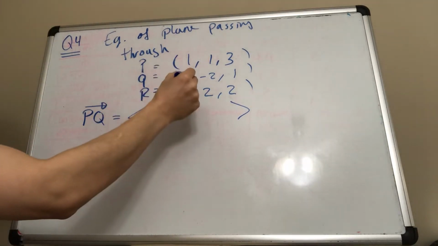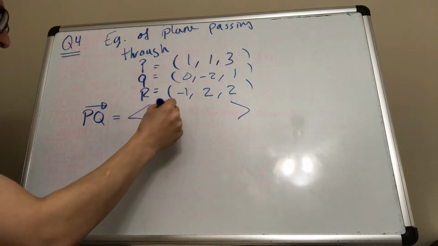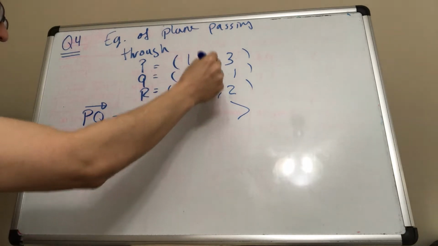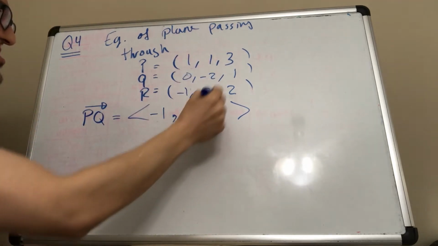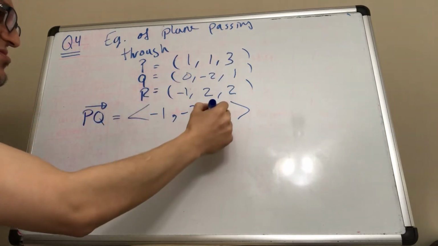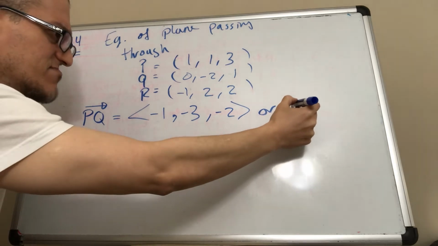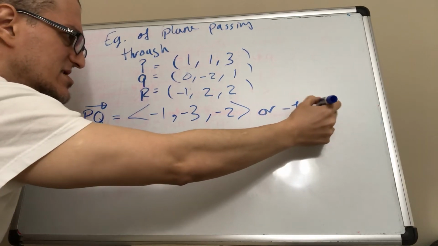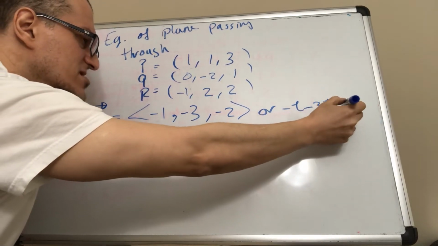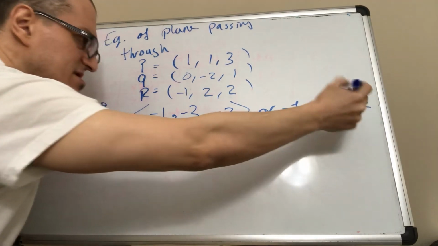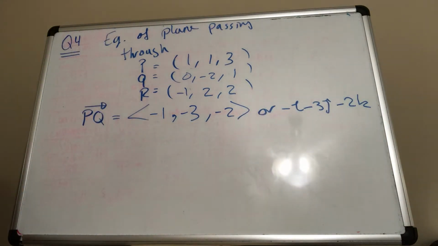So Q minus this, 0 minus 1, -1, -2 minus 1, -3, and 1 minus 3 is -2. You can write it like this, or say minus i minus 3j minus 2k. Either way is okay.